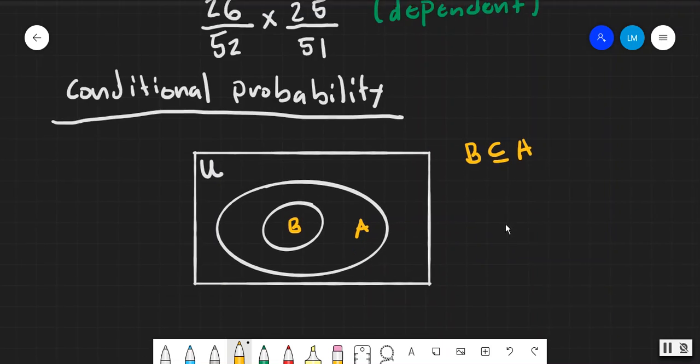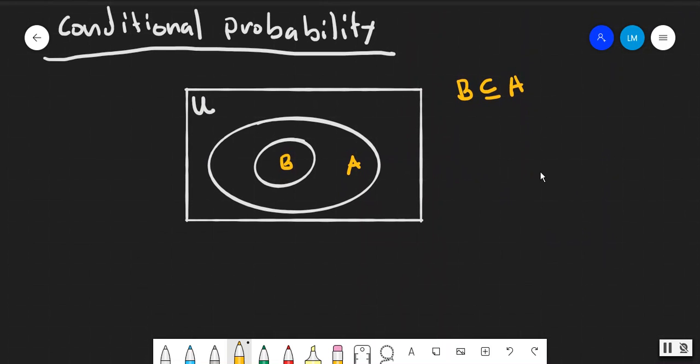Whenever we deal with conditional probability, basically we're saying that if an event occurs, we can look at their intersection, where they would overlap. So essentially, a conditional probability is defined in the following manner.